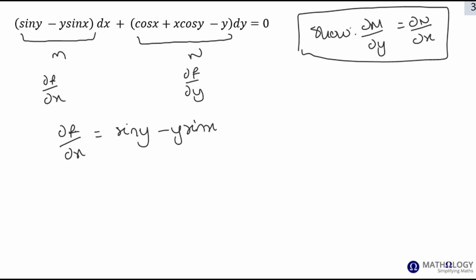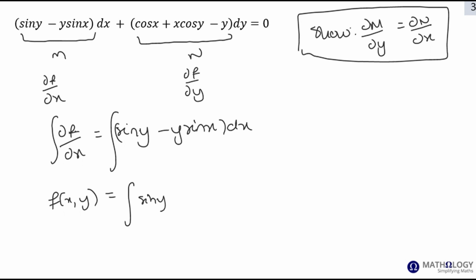We can integrate both sides with respect to x. So on the left we have the function itself, f of x, y. We're integrating with respect to x. Again, let's just split this up into two separate integrals. So the integral of sine y dx minus the integral of y sine x dx.